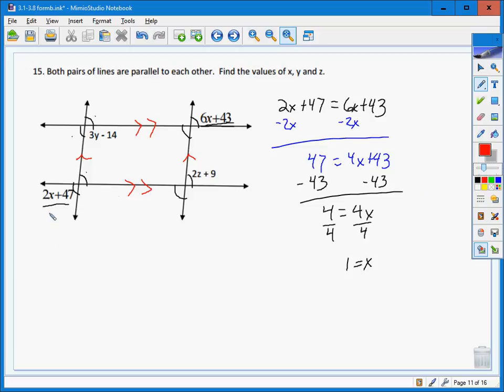I'm going to plug that back in. 2 times 1 plus 47. 2 times 1 is 2 plus 47 is 49. So each one of these angles that I've marked would be 49 degrees.